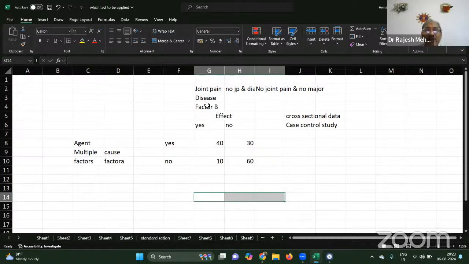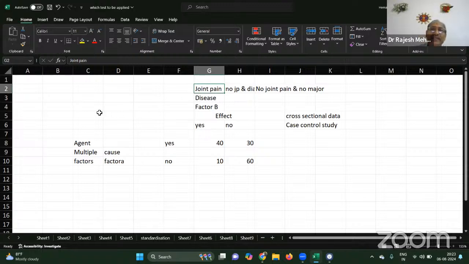Once you start with taking the history of these cases, you ask whether you had been exposed to a particular thing or not. In case of joint pain, we ask, have you taken enough vitamin D? Have you exposed yourself to the sunlight or not? So exposure doesn't mean that it is always a causative effect. It could be a protective factor also.